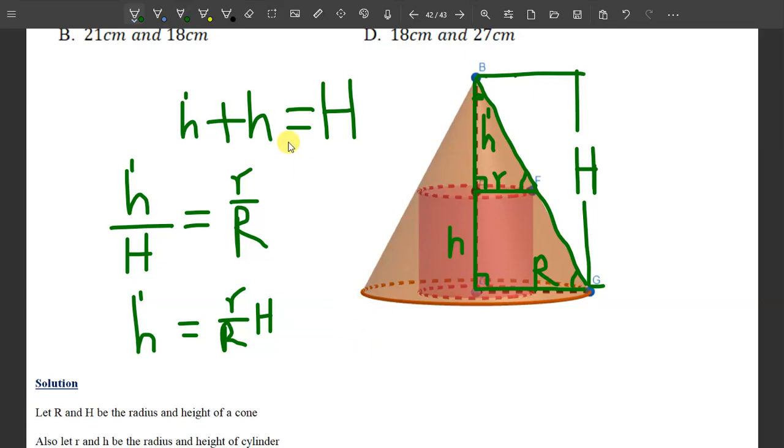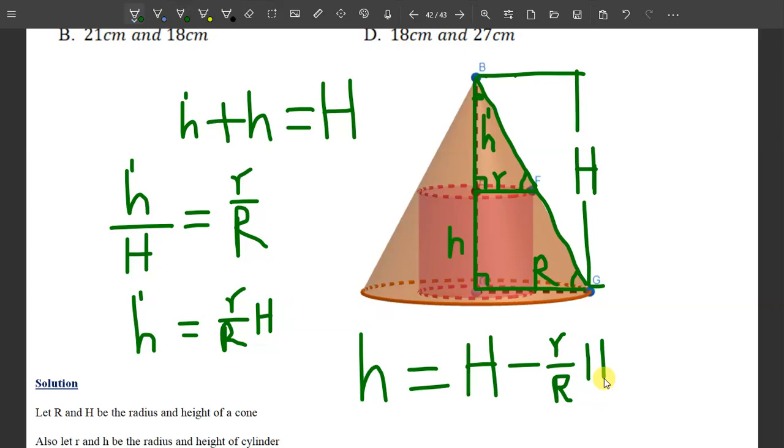Since h is equal to capital H minus h prime, and h prime is represented by small r, the radius of the cylinder, over the radius of the cone multiplied by the height of the cone, we can substitute this value into the volume of this cylinder.